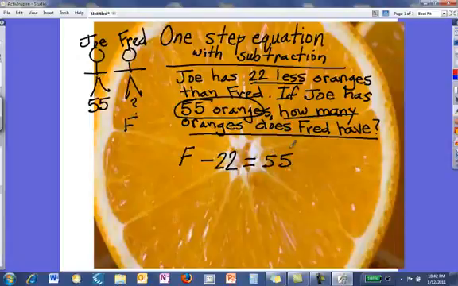From what we've learned so far about our inverse operations, the inverse operation of subtraction is addition. And in this case, we're going to add something to both sides, always keeping things balanced. So we're going to add 22 to both sides.